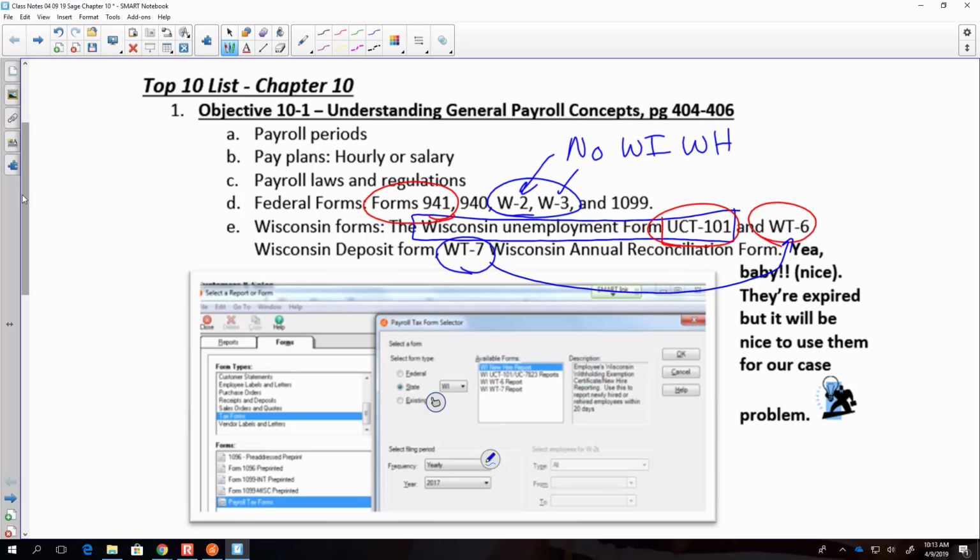And then finally, the 1099 is for non-employees, contractors. Oh, I forgot one other one. The 940. See this guy? What's the 940 form for? Remember from payroll we had a whole chapter on it, chapter 5?